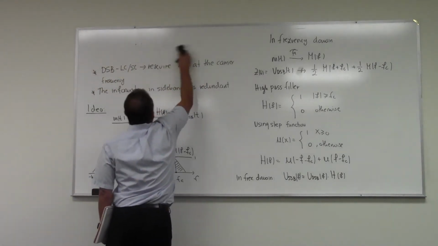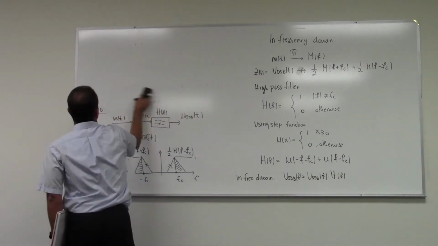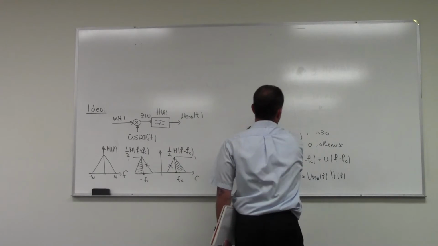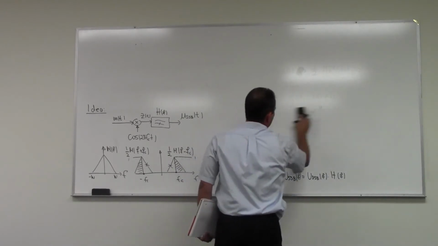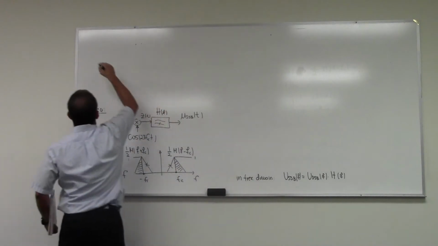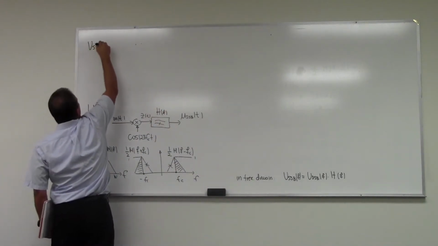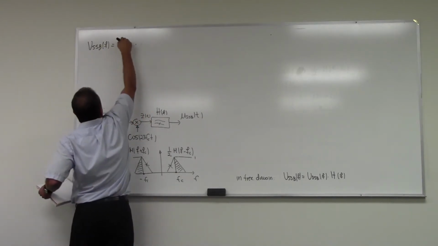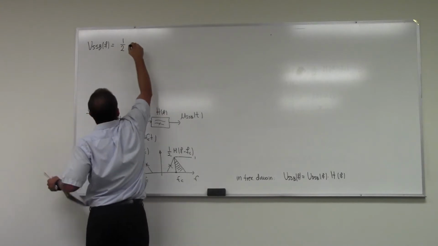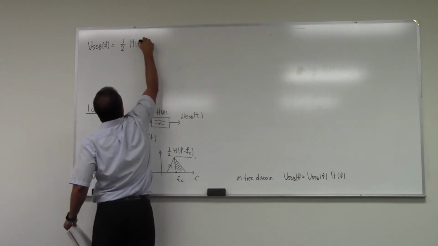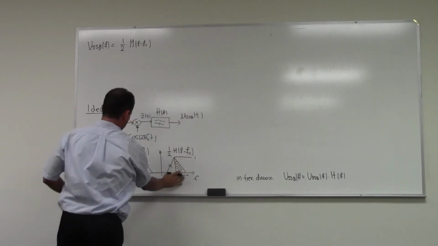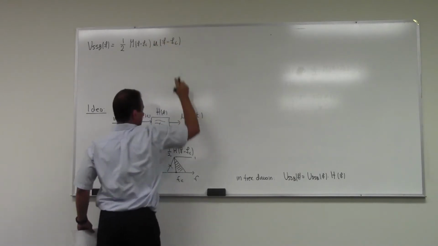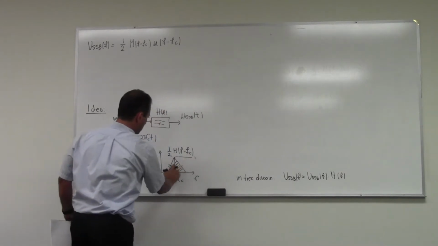So from now, I can say U single sideband of f is going to be equal to 1/2 M of f minus fc, that's this part of the spectrum, times u of f minus fc, which is this section of the filter, this guy here.